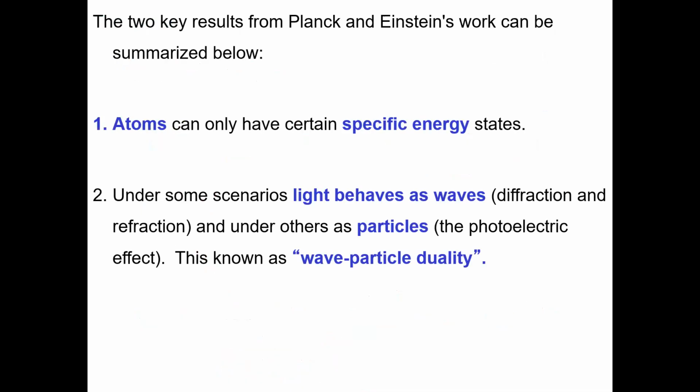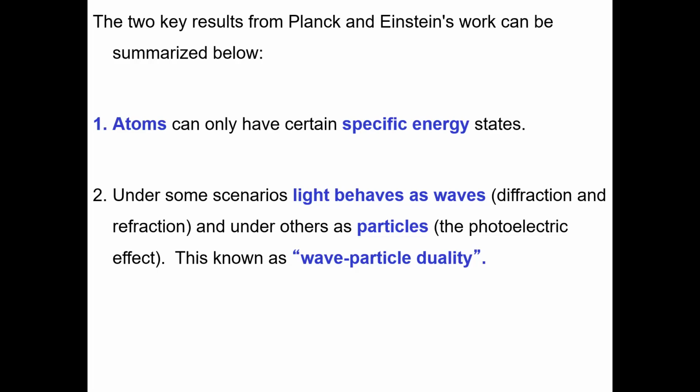Okay, so out of Planck's and Einstein's work, there are two key results. The first, according to Planck, atoms can only have certain specific energy states. According to Einstein, under some scenarios, light behaves as waves.